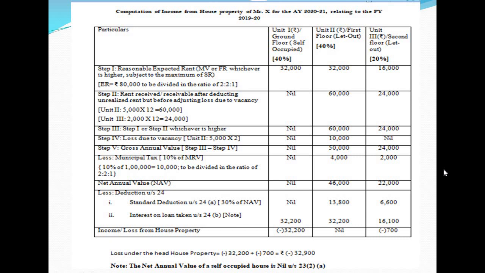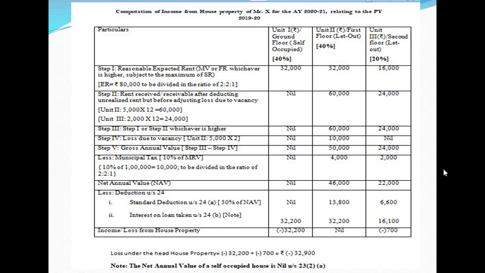Keep in mind that for any self-occupied house, there is no standard deduction under section 24(a), since the net annual value is nil. For the second unit, the standard deduction will be 30% of 46,000, that is 13,800. For unit 3, it will be 30% of 22,000, which is 6,600.